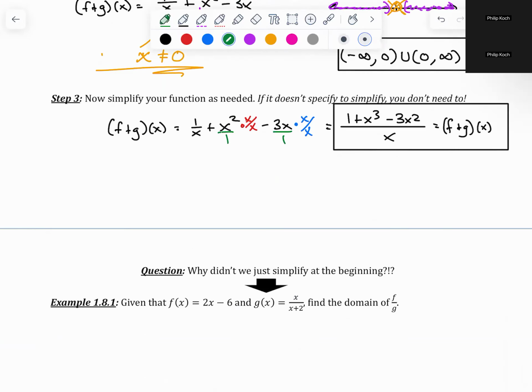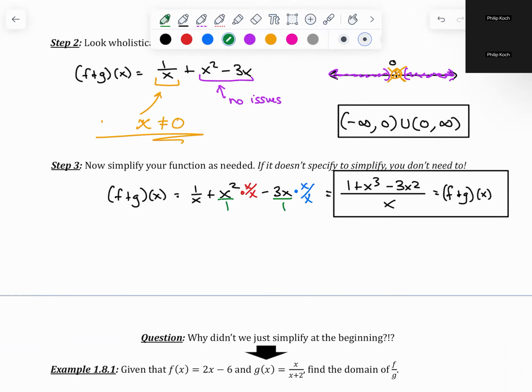So the question is, I'm going to put both of them up on the board. If you look at the simplified version of the function, you'll find out that we can do this just like we did before when we were trying to find domain back in unit 1 and say, okay, well, the numerator doesn't cause any problems. The only issue is x can't equal 0.